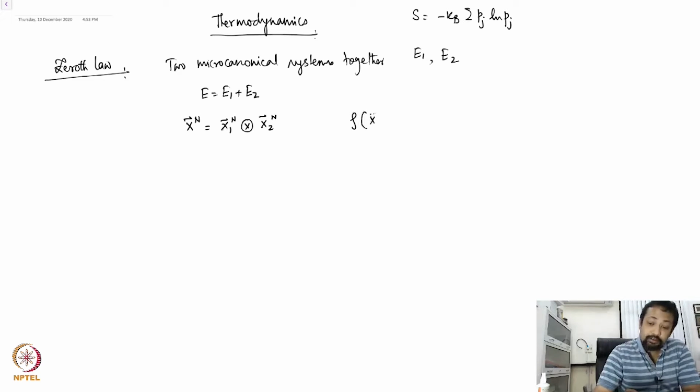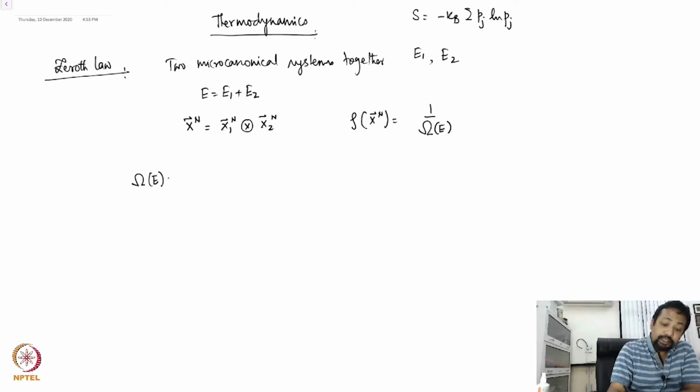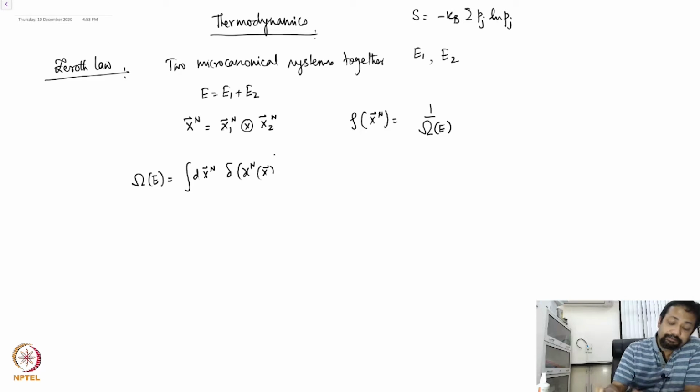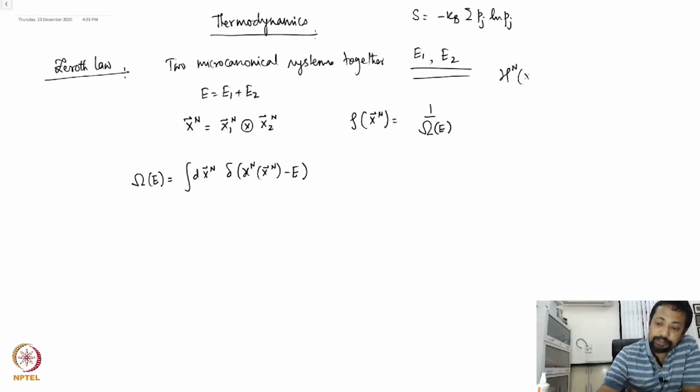Your density rho of xn is 1 over omega of E, where omega of E now has to be carefully defined, is essentially the integral dxn delta of hn xn minus E. And the Hamiltonian of the combined system is h1n x1n plus h2n x2n.